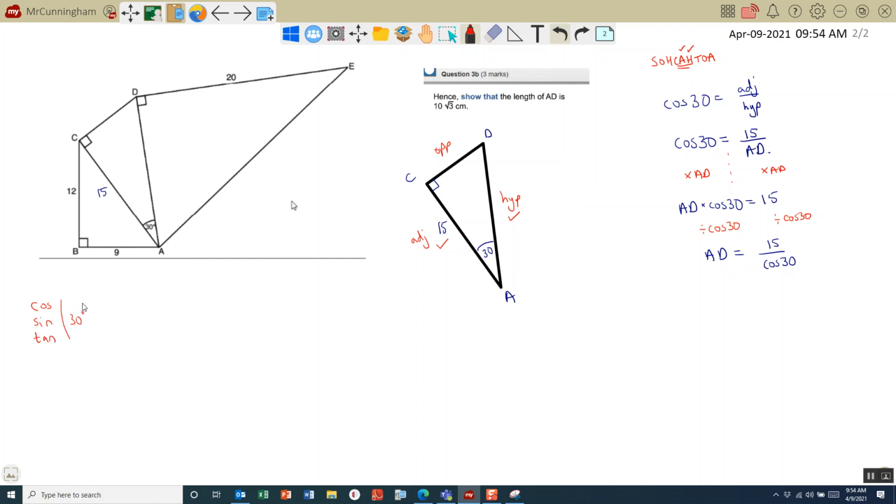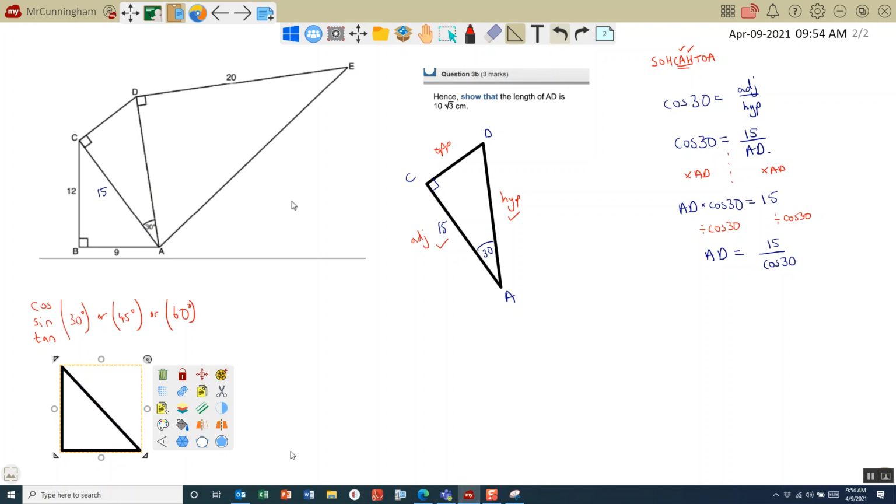of 30 degrees, or 45 degrees, or 60 degrees. And the way that we work these out, so cos, sine, or tan of any of these angles, we use right angle triangles. So hopefully this will serve your memory well. So the first triangle I'm going to draw, there are two triangles, so I'll draw the first one first.